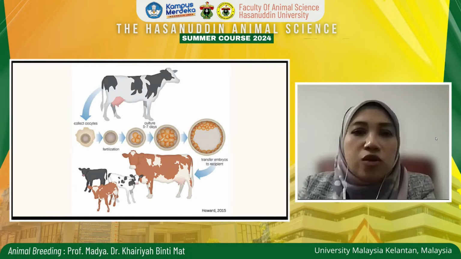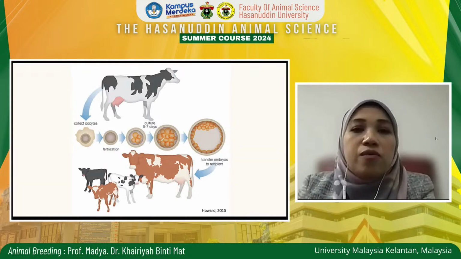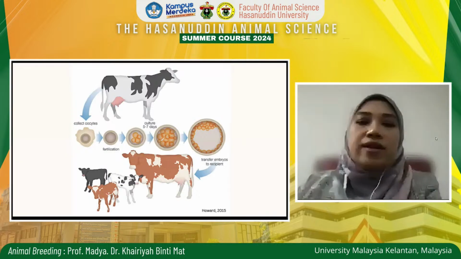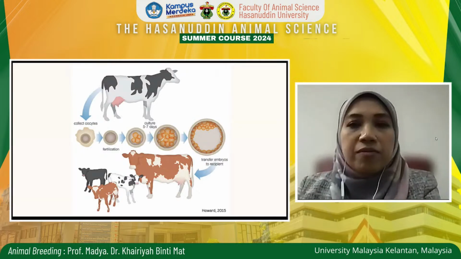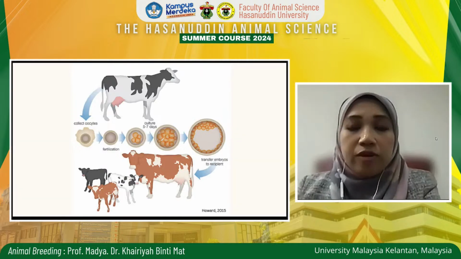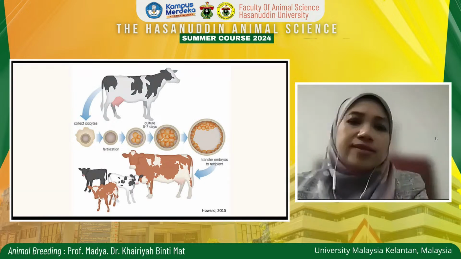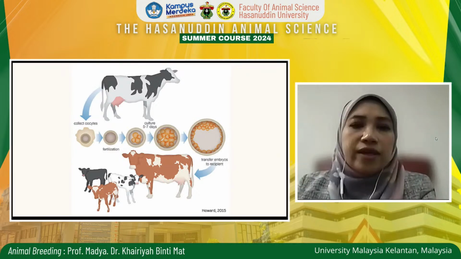So it's a bit difficult if you want to wait for one female to produce her next offspring, and then wait another 3 to 4 years for the next generation, etc. But by implementation of assisted reproductive technology like embryo transfer and artificial insemination, we can replicate a higher number of good next generation.